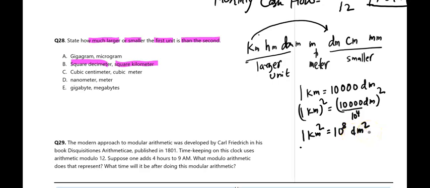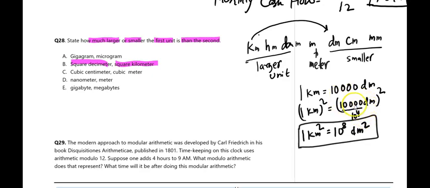From this equation, you can tell 1 kilometer square is 10 to the power 8 times larger than 1 decimeter square. Or the other way around, 1 decimeter square is 10 to the power 8 times smaller than 1 kilometer square. So that's how you do it.